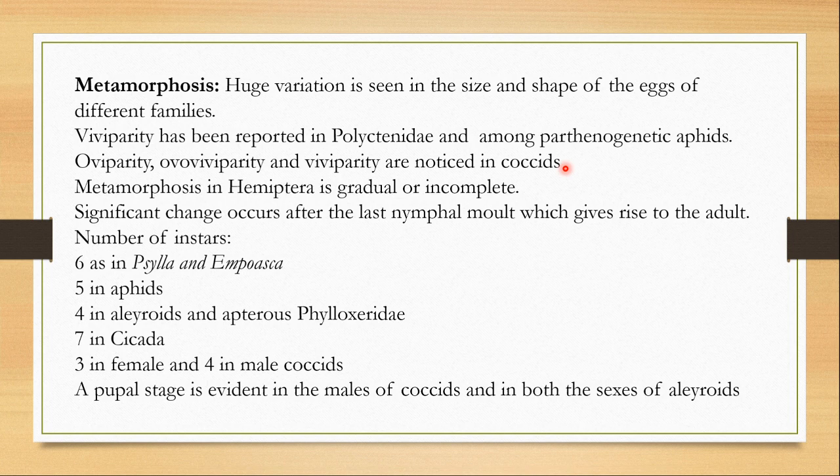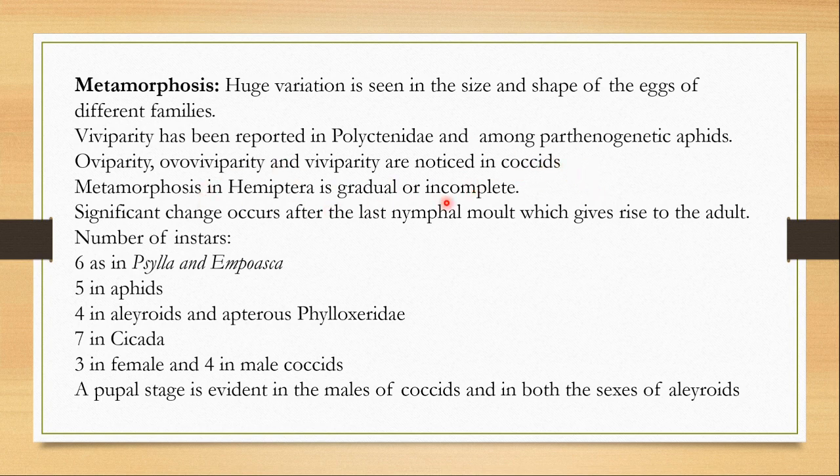Viviparity or the birth of young, where the egg hatches inside the mother and the young is born from the mother, has been reported in Polyctinidae and among parthenogenetic aphids. Oviparity or ovoviviparity and viviparity are noticed in coccids.